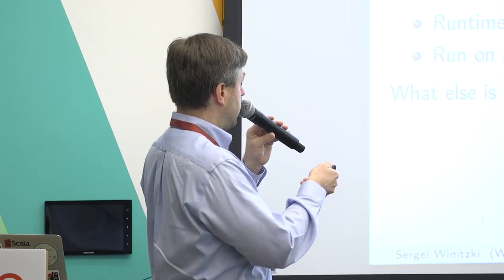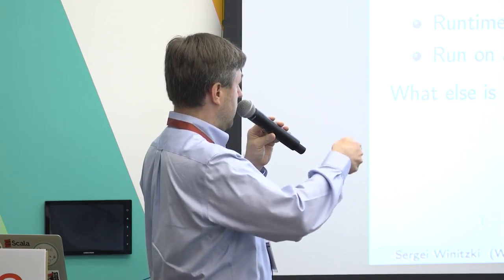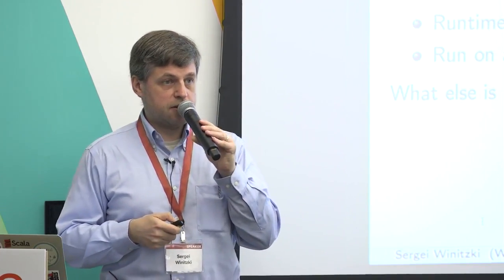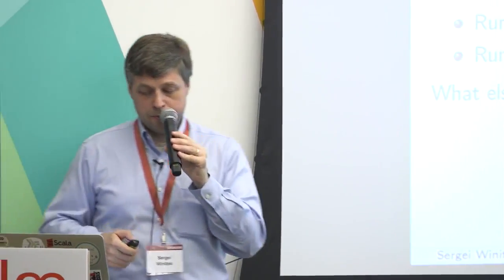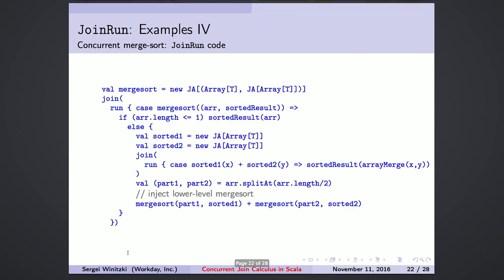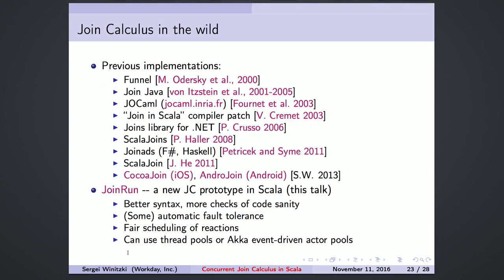So basically, maybe this is the reason why nobody uses joint calculus. Anyway, this I don't know. Let me perhaps skip to some overview of other implementations, since we started discussing this issue of why it's not adopted by the industry.